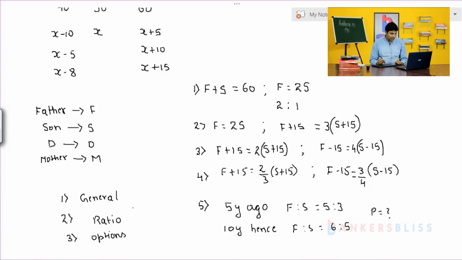In most of the cases, you have to club methodology 2 and methodology 3. Few times you may take only the ratio method, or only the options method or general method. Usually the general method takes too much time to solve the problem.